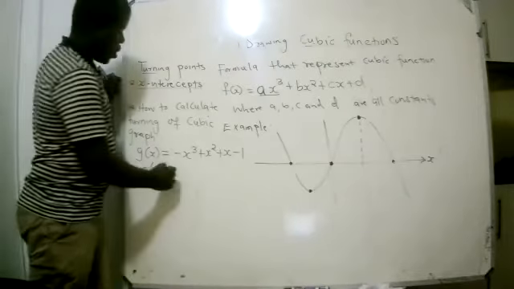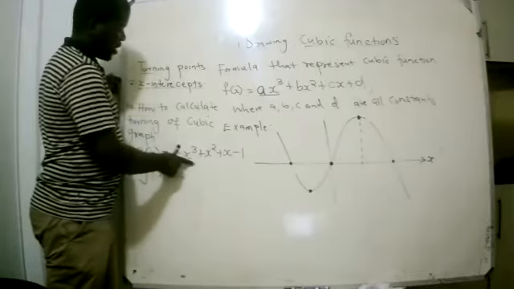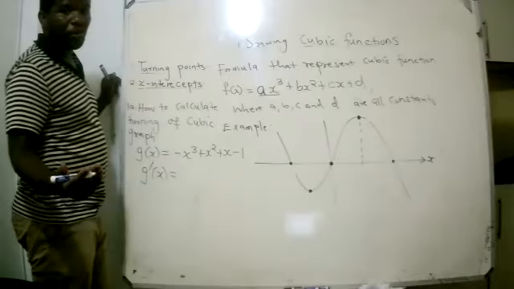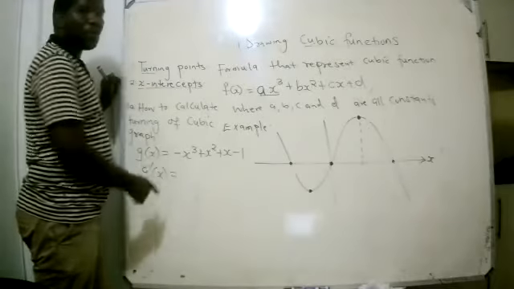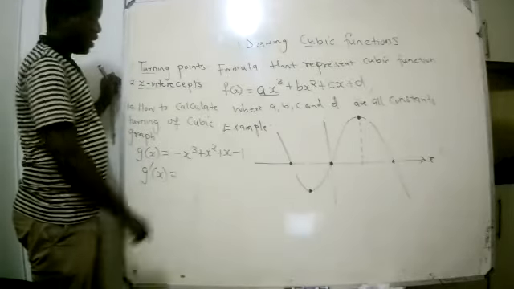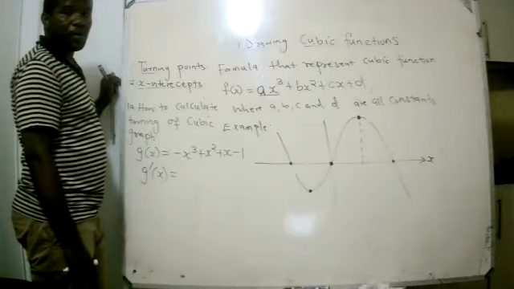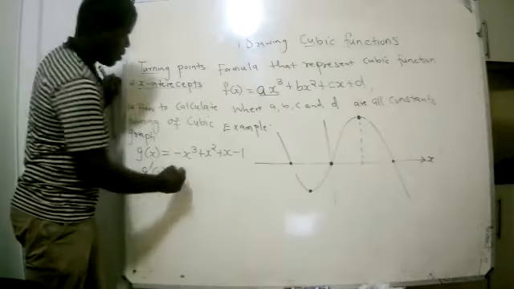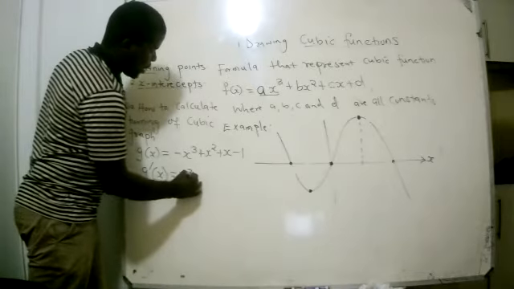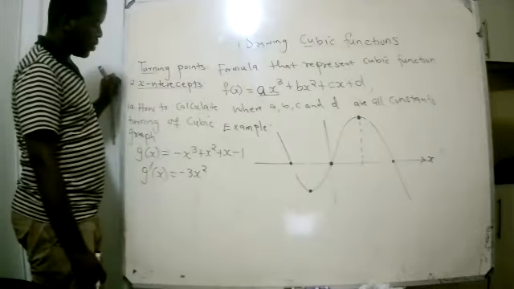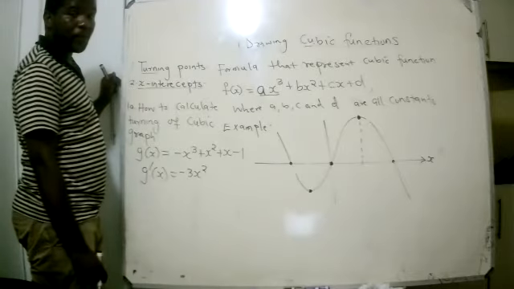Yes. What is the differentiation of this first term here? We have done that before. What do we get when we differentiate the first term here? Won't it be negative 3x to the power of 2? And then what do we get when we differentiate the second term?